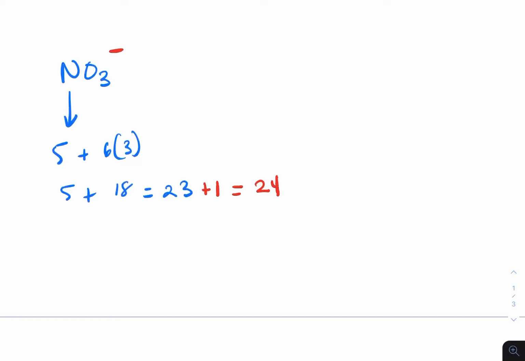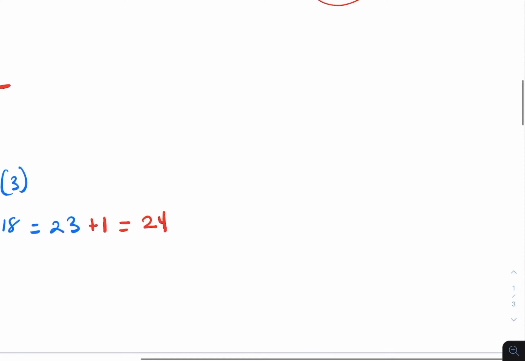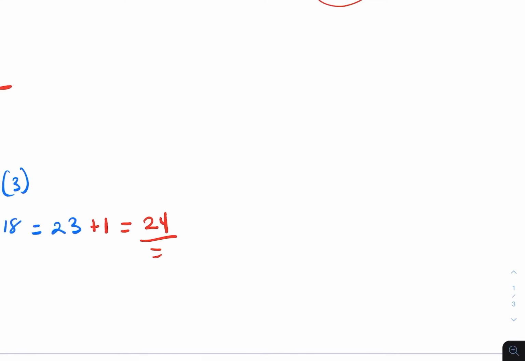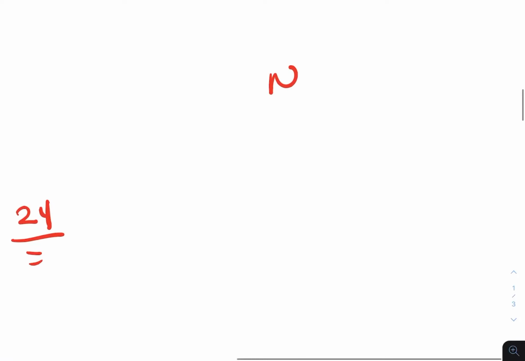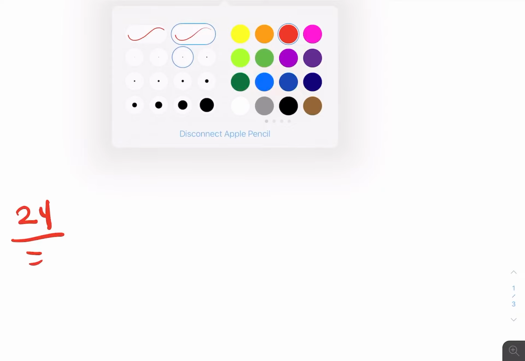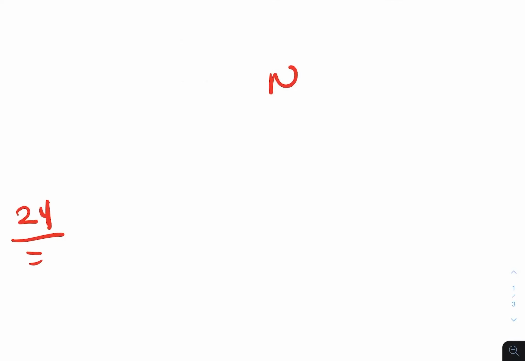This number is important to tell you exactly how to draw the structure, and then we will assign the formal charge to each atom. It has 3 oxygens.